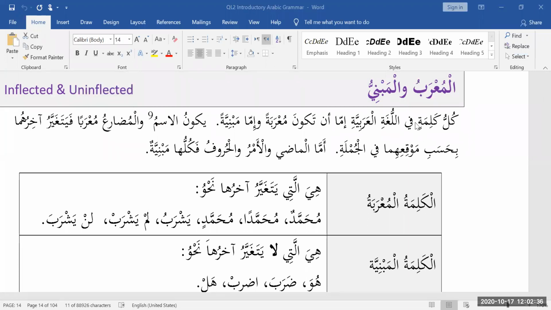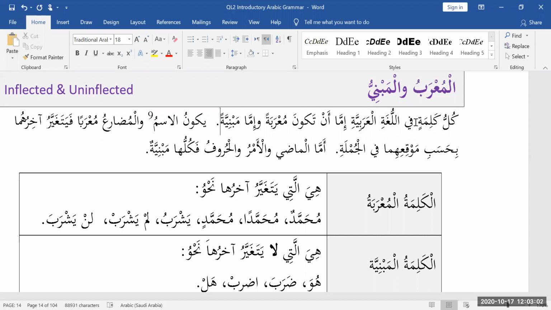So, كل كلمة في اللغة العربية, every word in the Arabic language. That's a big statement. That's a powerful statement. كل كلمة كلها إما أن تكون معربة وإما مبنية.